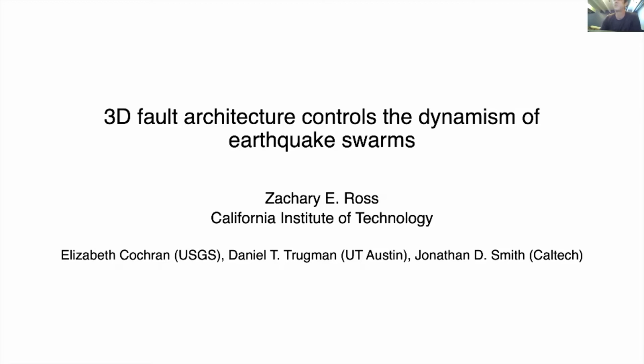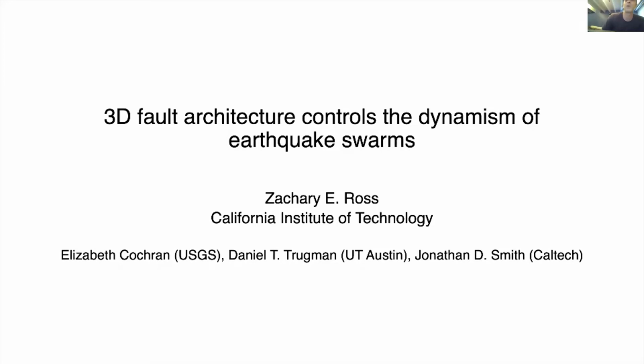So today, of course, it's my great pleasure to announce our first speaker, Dr. Zach Ross, who comes to us from Caltech. Zach completed his Bachelor of Science in Physics from UC Davis in 2009. Then he did a Master of Science in Civil Engineering at California Polytechnic State University in San Luis Obispo, completed in 2011. After that, he did his PhD in Geophysics, which he graduated in 2016 from USC.